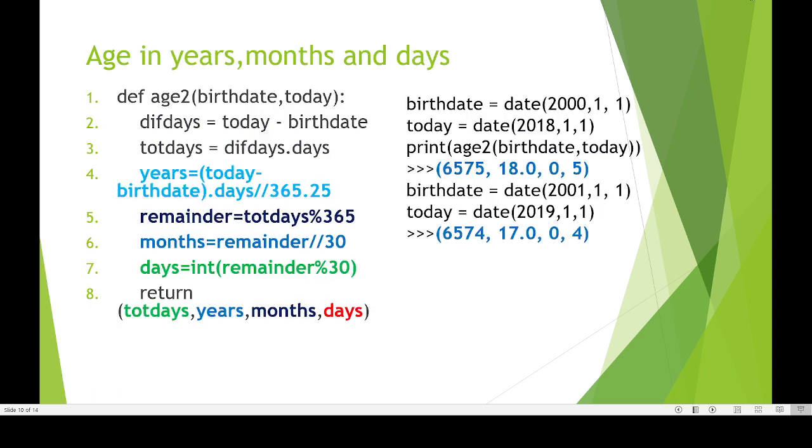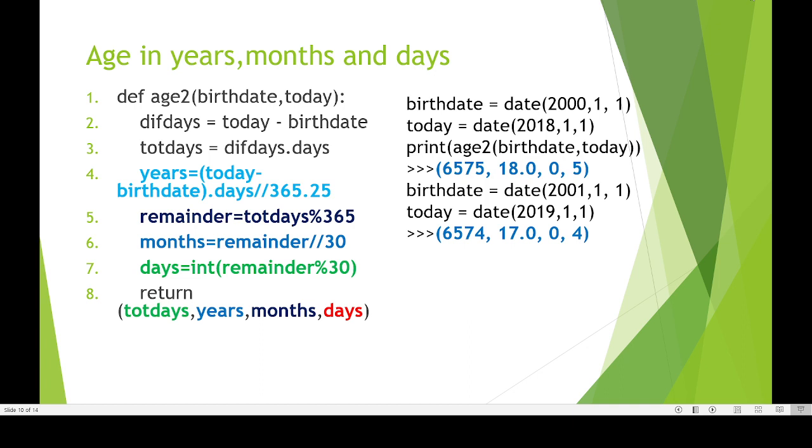Considering this, I have written this function age2 with 2 arguments, birthday and today. First of all, I have taken the difference of today and birth date. Then I have taken the days of this difference by the days attribute of datetime. Now to calculate years, I have subtracted birthday from today and taken out the days. Then I have taken integer division by 365.25.